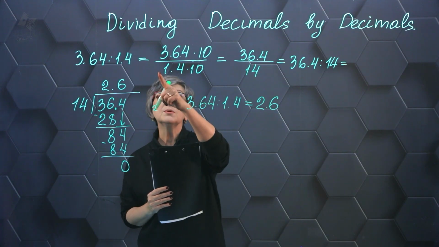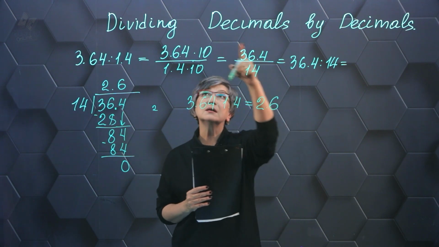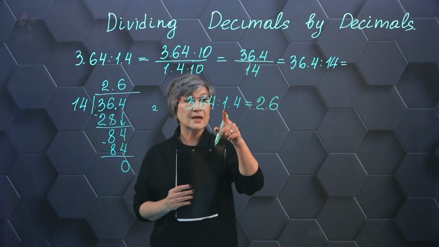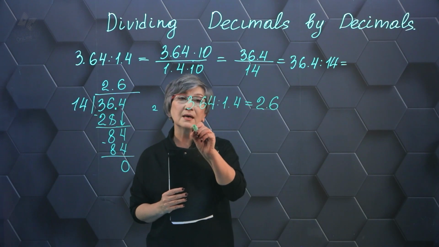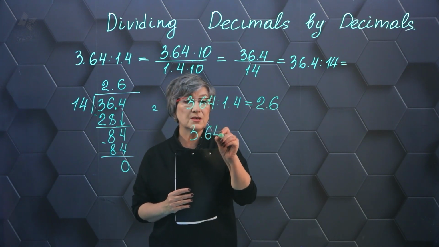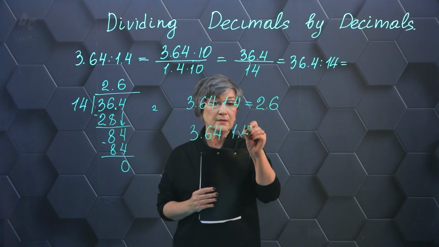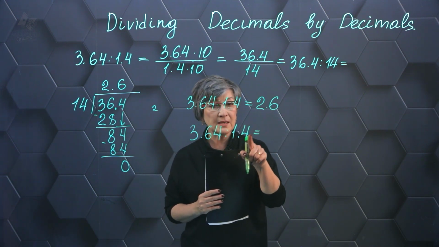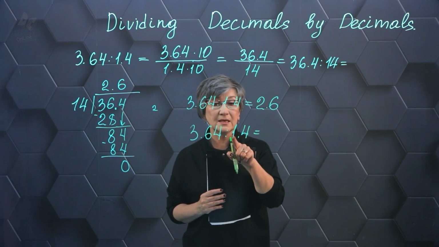But in order not to perform this action, let's write it in another way. That is, I can't divide by 1.4 decimals, and so I can write it down like this. I'm paying attention to the divisor. It's 1.4 tenths.